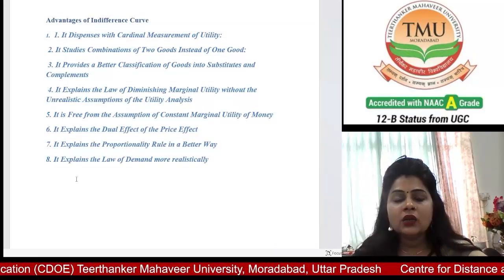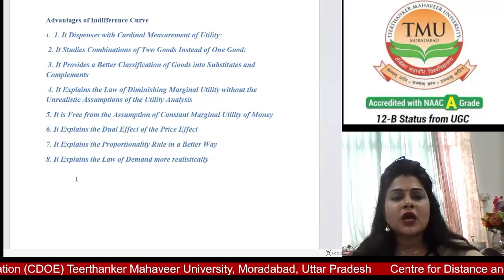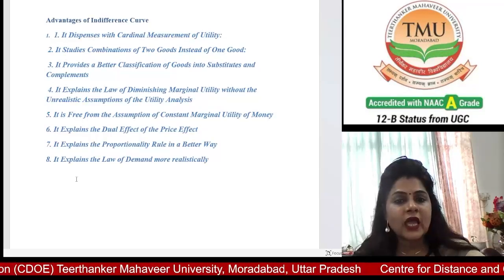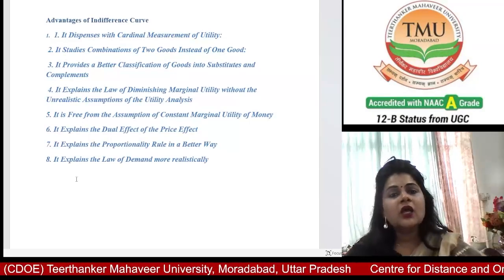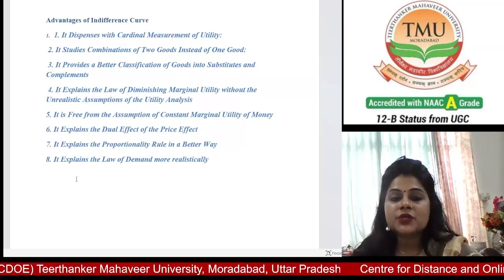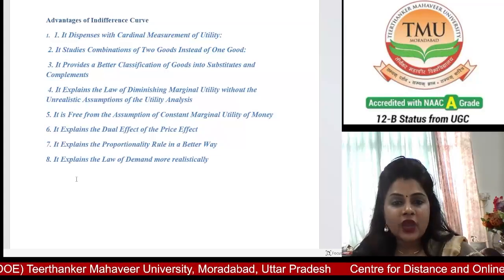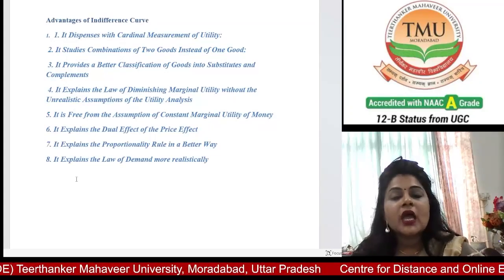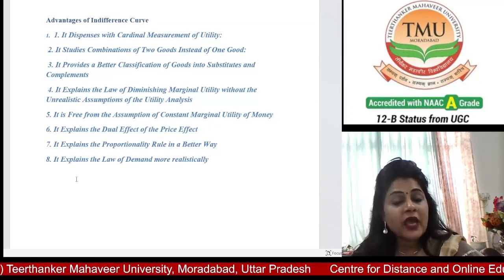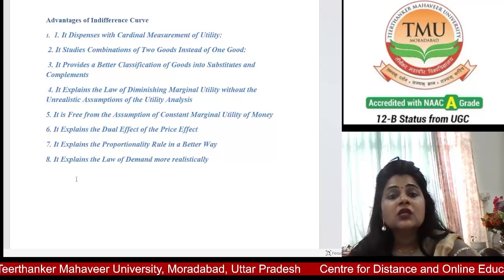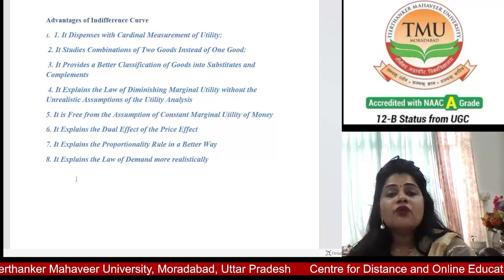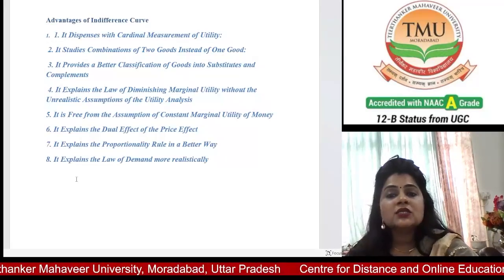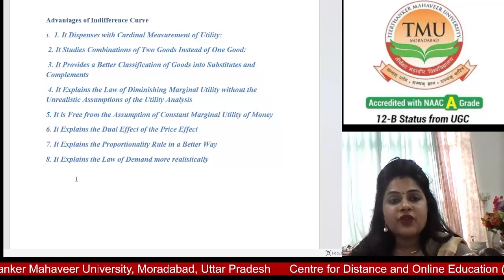One of the main defects in Marshall's utility analysis is that it fails to analyze the income and substitution effects of a price change. In the indifference curve technique, when the price of a good falls, the real income of the consumer increases. This is the income effect.